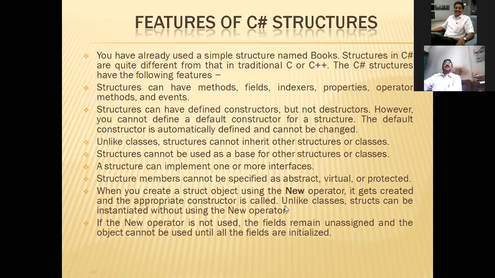So if we instantiate the structure in our program, we can do it without using the new operator. But wherever we create the object, we have to use new as an operator. The word new is a keyword in C#. We know that we have already used this new keyword in C++.